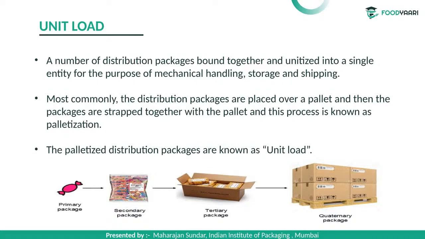The palletized distribution packages are known as a unit load. Most commonly, distribution packages are tertiary packages. The tertiary packages, also known as distribution packages, are arranged over a pallet and strapped together with it, and this is known as a unit load, used for mechanical handling, storage, and shipping.